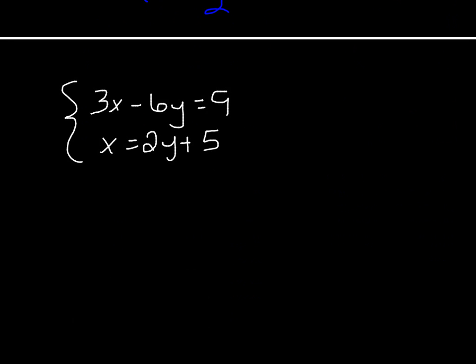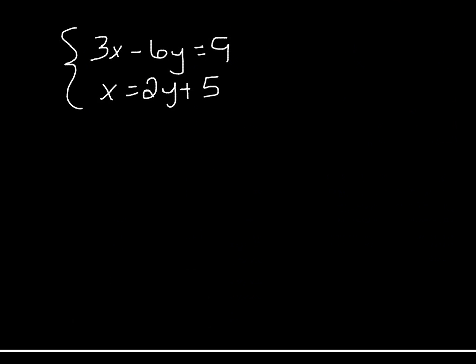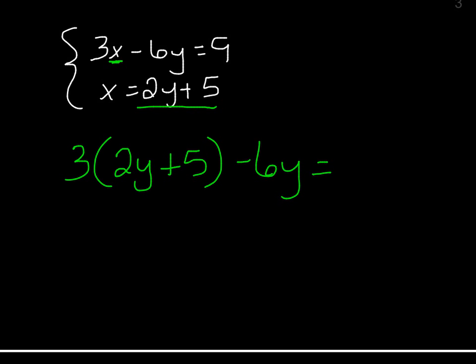Here is a different example. I already have my second equation solved for x, so I'm going to take that 2y plus 5 and put it in for the x right here. So it's going to go 3 times 2y plus 5 minus 6y equals 9.